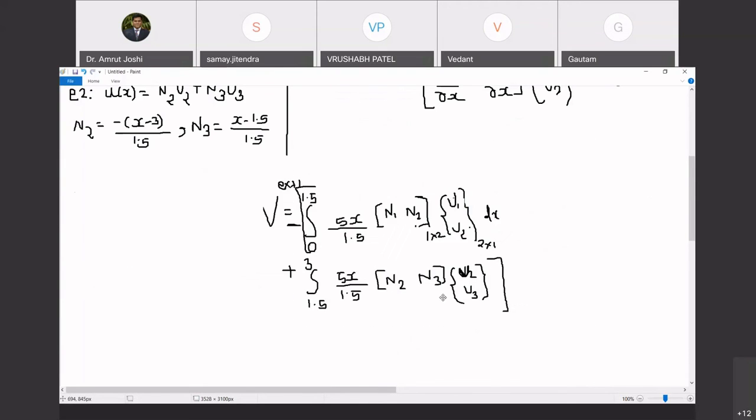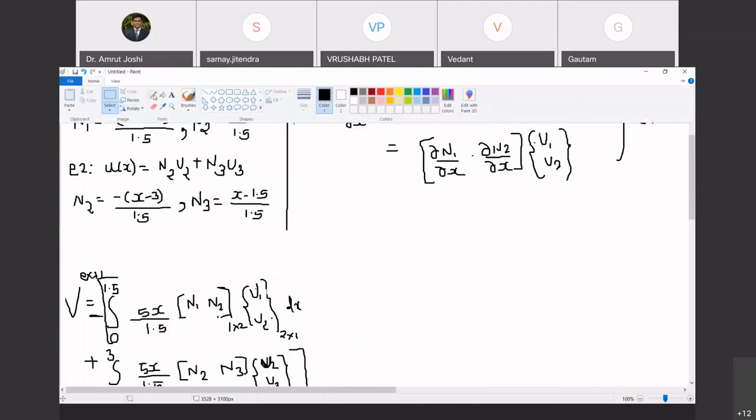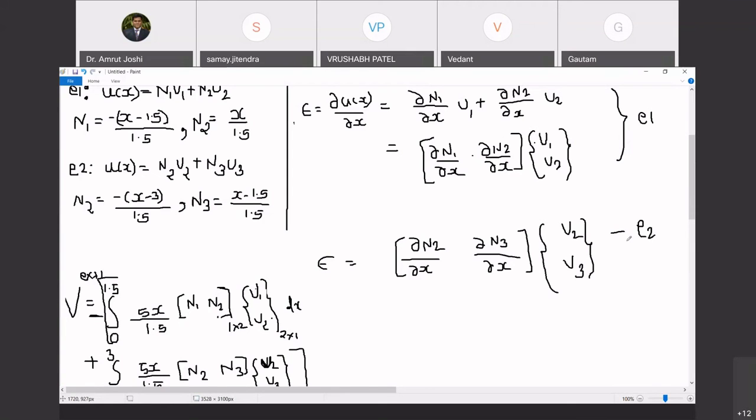For element number 2, you are going to see ∂N2/∂X and ∂N3/∂X times capital U2, capital U3. Mind you, this N2 is different than the earlier N2. Agreed? This is for element number 2.